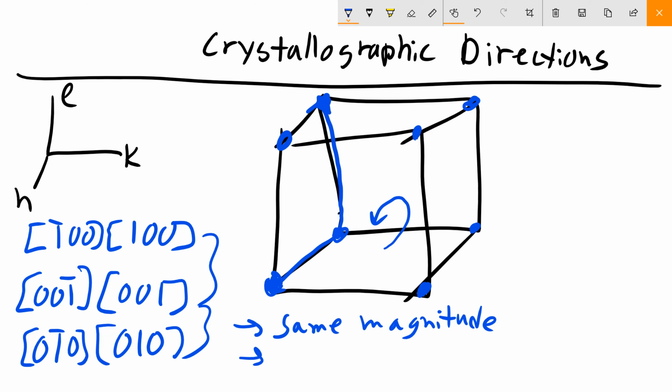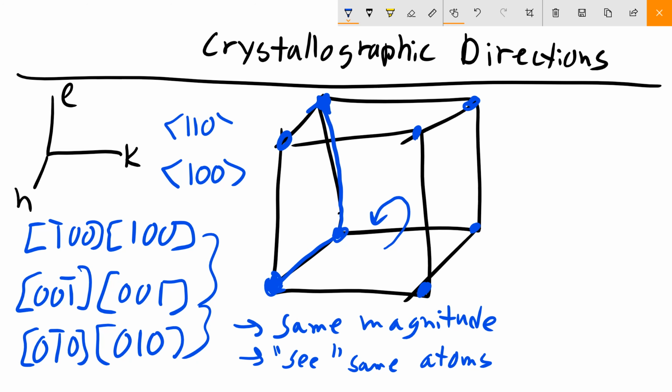So we would call this a family of crystallographic directions. They are crystallographically equivalent, and so we would write all these 6 directions as <100> directions. In cubic materials, there are also <110> directions and even <111> directions.